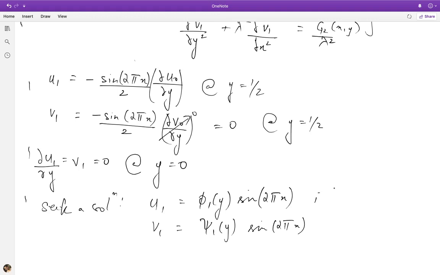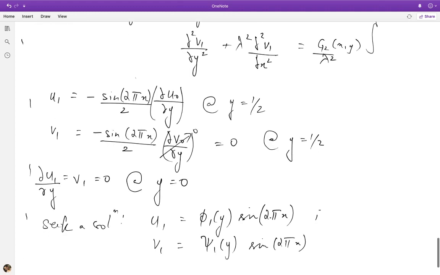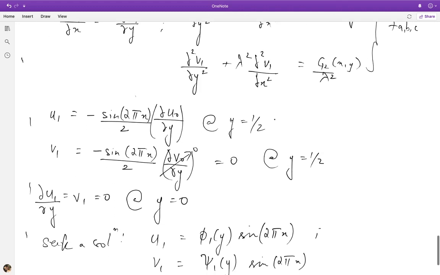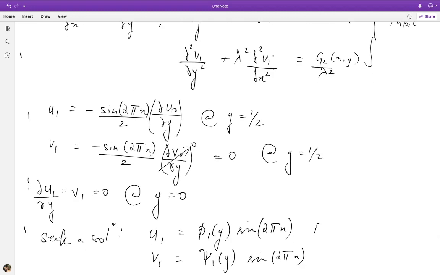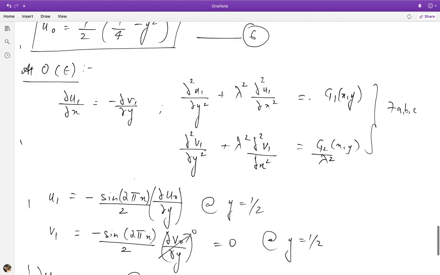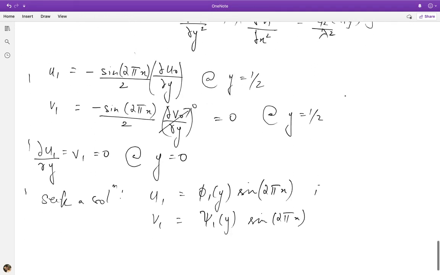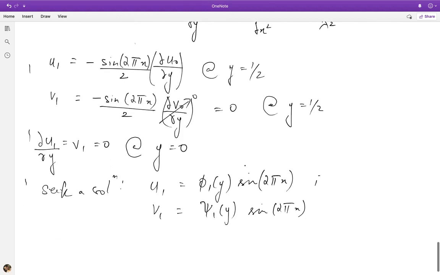Correspondingly, we need to express the pressure gradient in a form, and we use the same sine dependence because you can see already that if I take the derivative of the solution with respect to x, I'm taking it twice, so sin x becomes cos x becomes sin x again. So if we take the dependence of g to be sin x, I can factor out the sin 2πx throughout and get an ODE only for φ1.